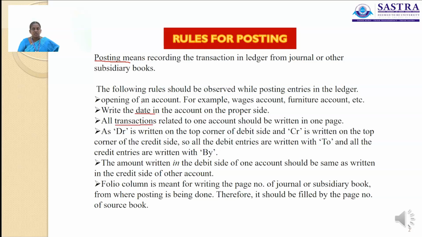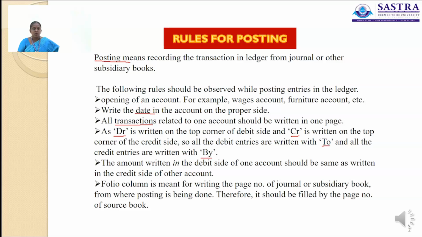Then debit, shortly called DR, is written on the top corner of the debit side, and credit, CR, is written on the top corner of the credit side. So all the debit entries are written with 'to' and all the credit entries are written with 'by'.